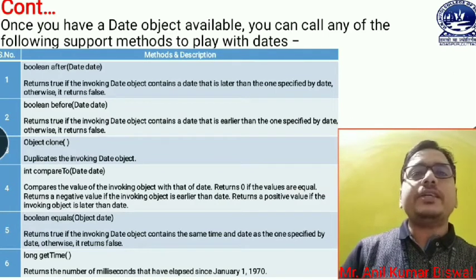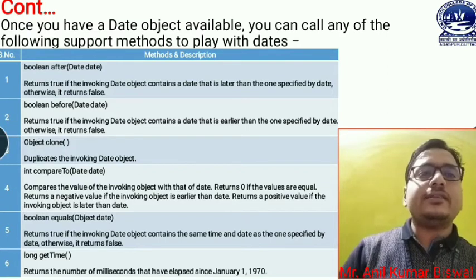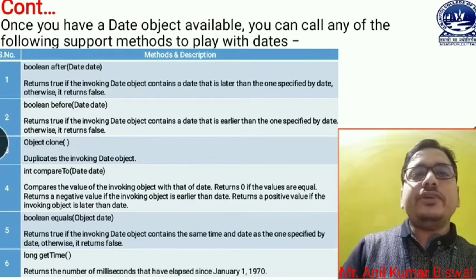Then we have an object of that Date class. By using that method we can return true if the invoking Date object contains a date that is later than the one specified by date, otherwise it returns false. So it is a general way to extract a true or false result through the after method.